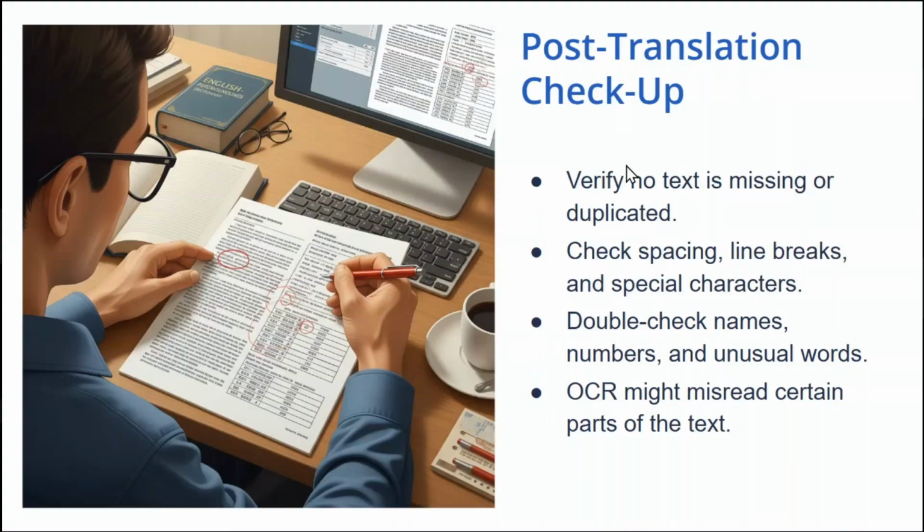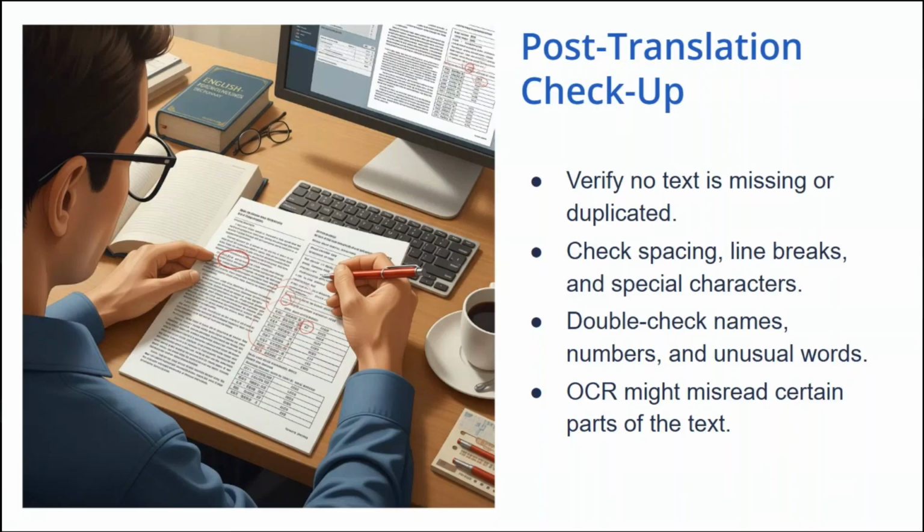Post-translation checkup. Of course, OCR is smart, is good, but it's not perfect. So final human review is essential for catching errors that the software maybe couldn't anticipate, or surely couldn't anticipate.